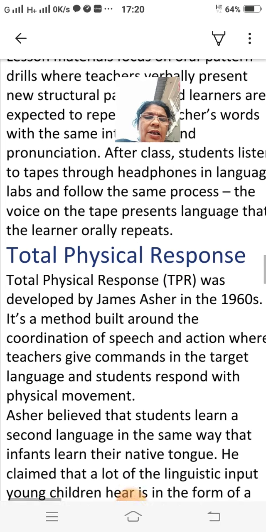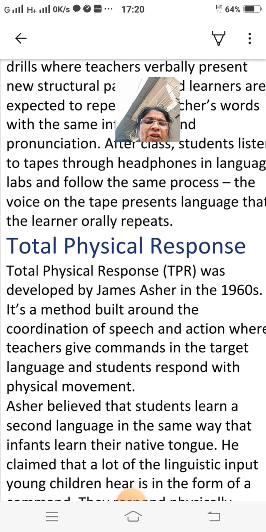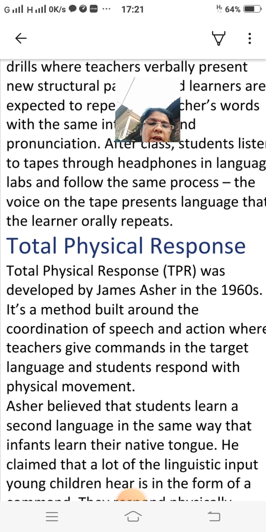Total physical response. Total physical response, TPR. This is the short form. It was developed by James Asher in the 1960s. It's a method built around the coordination of speech and action, where teachers give commands in the target language and students respond with a physical movement.